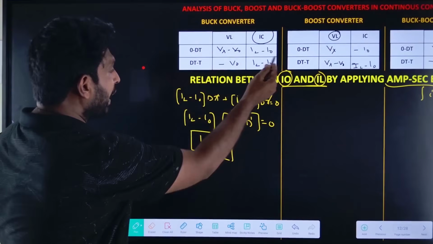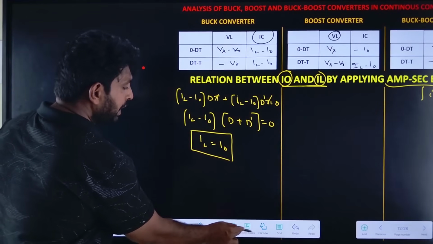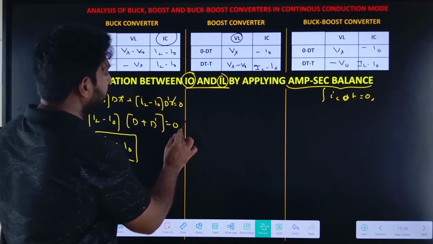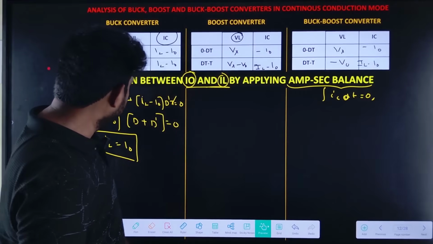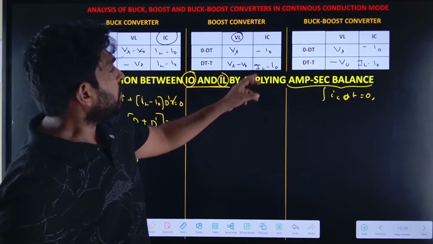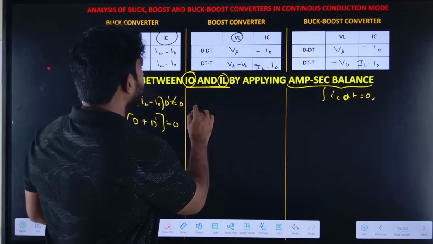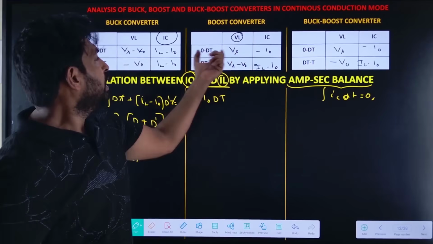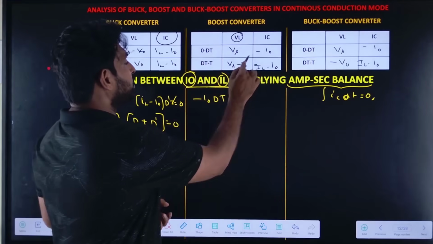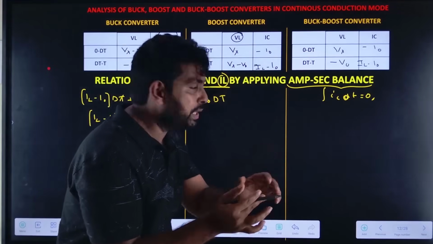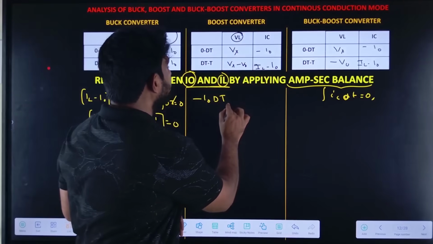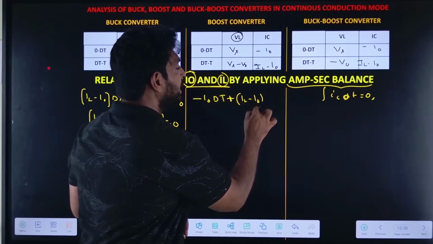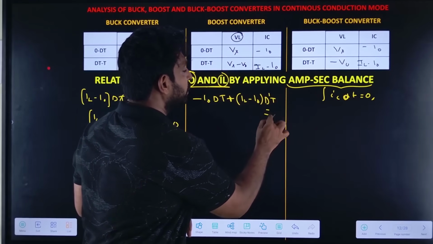So now let us find it for the boost converter, in a similar manner. Very simple: during the time period of dt, it is minus I0 into dt, so the area will be minus I0 into dt plus IL minus I0 into d dash, which is equal to 0.